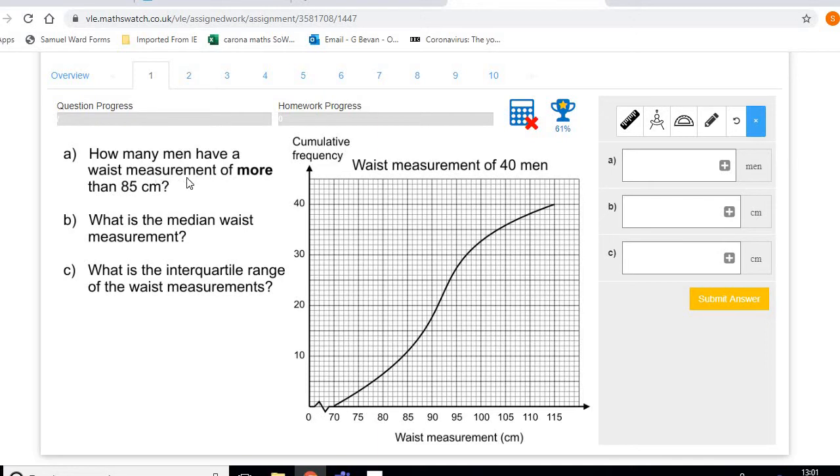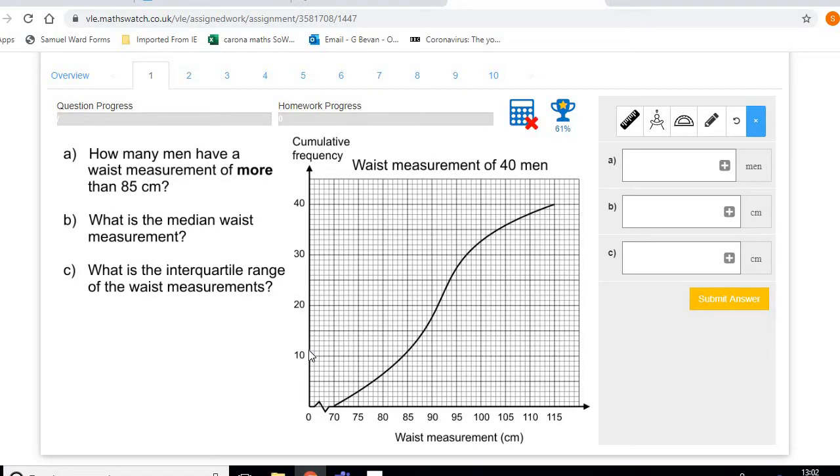So how many men have a waist measurement of more than 85 centimetres? Waist measurements are on the x-axis, so I'm going to go to 85, and with my ruler I would go up to the curve, if you can follow with the mouse, and then I go across to the axis and read off the value. Every little square is 1, so that's going to be 11.